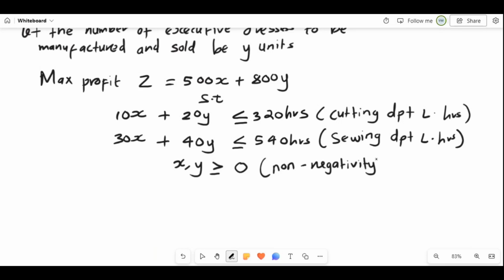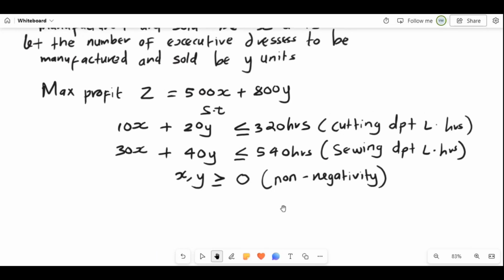So this implies that if the company cannot manufacture any standard dress, then the minimum they can manufacture is 0. The same case applies if they cannot manufacture any executive dress, then the minimum they can manufacture is 0. So we don't expect to have negative values for the number of dresses. And that is the idea for introducing the non-negativity.